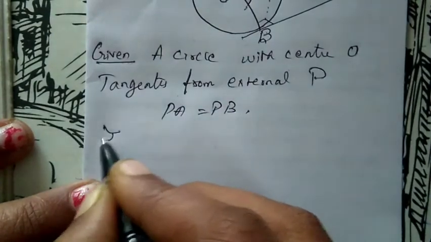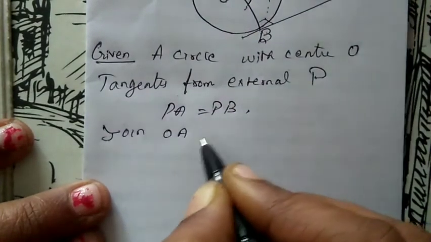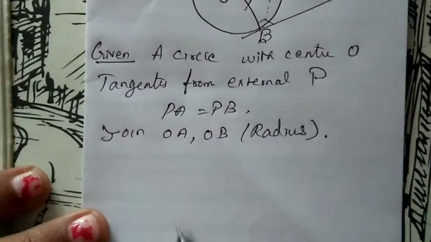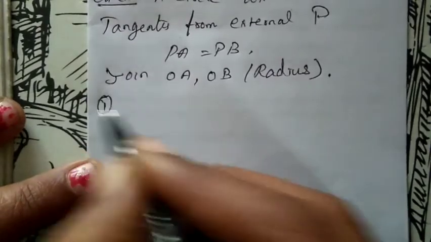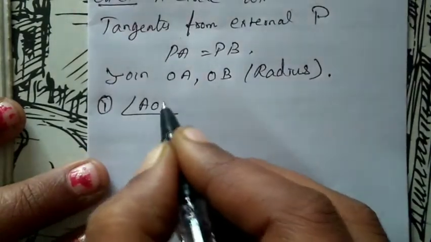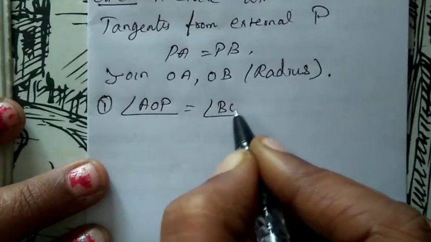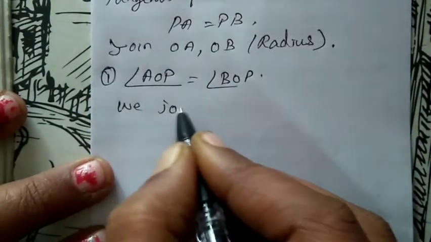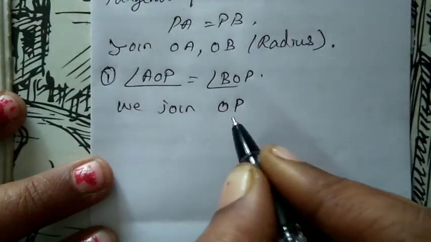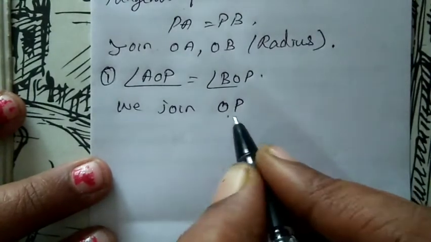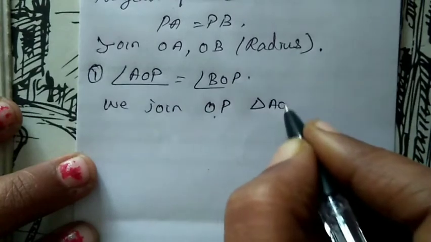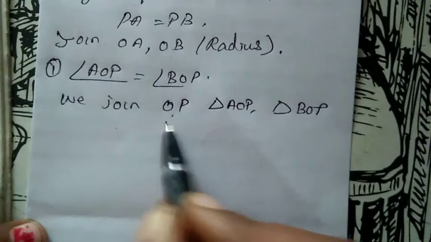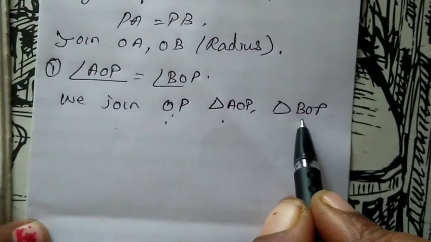So we join OA, OB, which is radius of the circle. Now for the first subdivision, to prove angle AOP is equal to angle BOP, we join OP. So when we join OP, we get triangle AOP and triangle BOP.